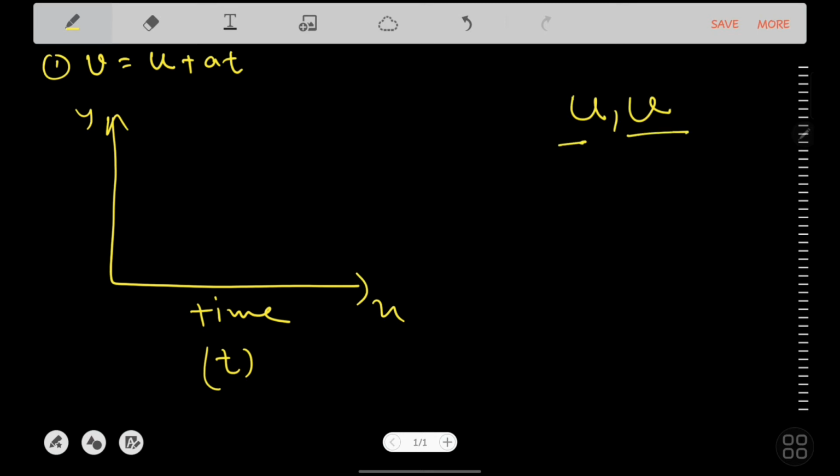final velocity. Starting from 0 only, there is the origin where X is also 0 and Y is also 0. Now from here, when you start your motion, initially you will get the initial velocity. Suppose by the time T we are going up to this much value. This is the A point, and up to there we take the value as U, the initial velocity.